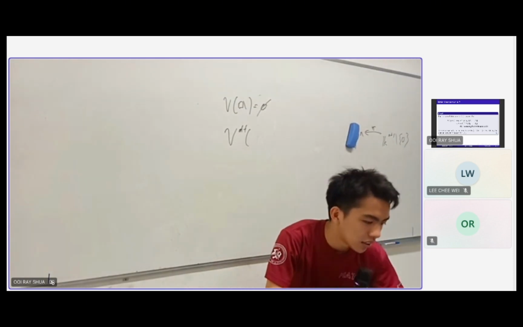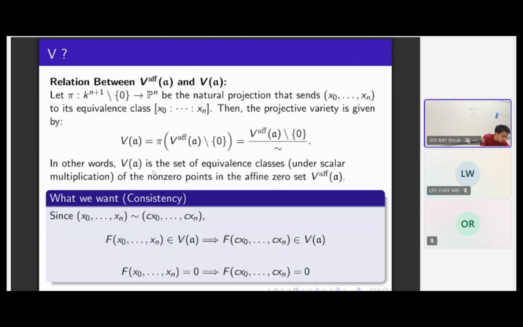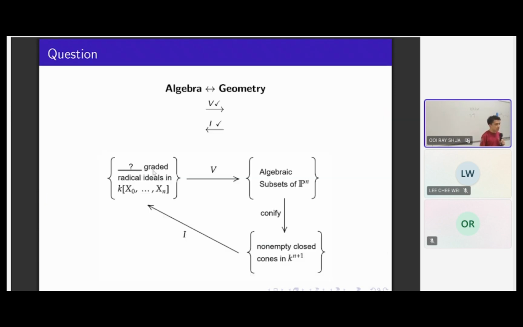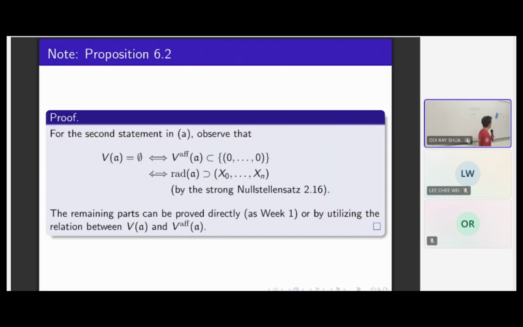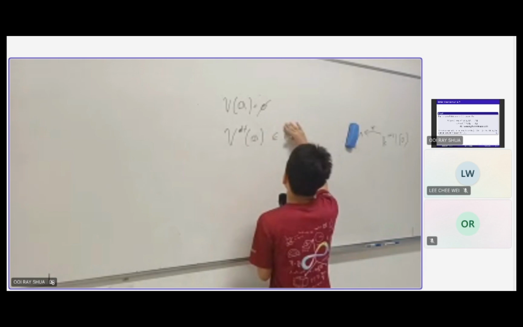Why? Because I go back to the original definition. When you quotient by the equivalence relation V affine, you take out the origin and then you quotient it. Since you say it's an empty set, all those lines are gone. So the only thing you are left with is the origin.